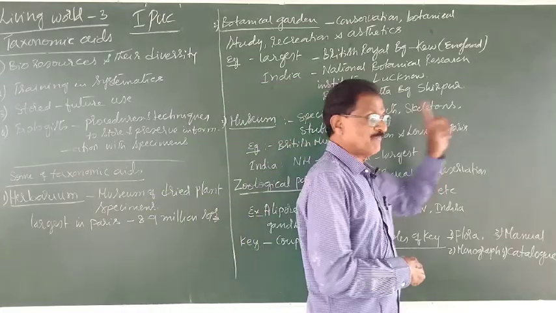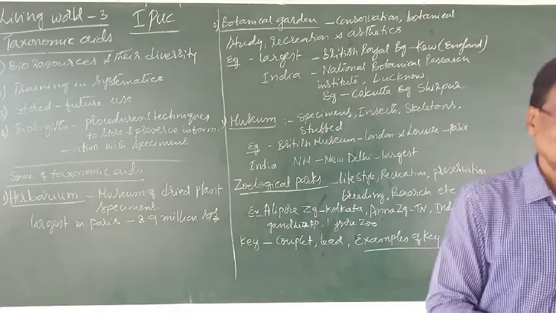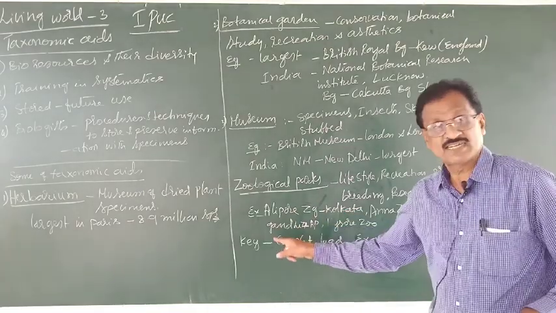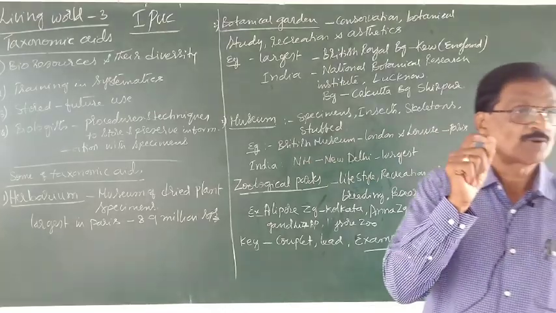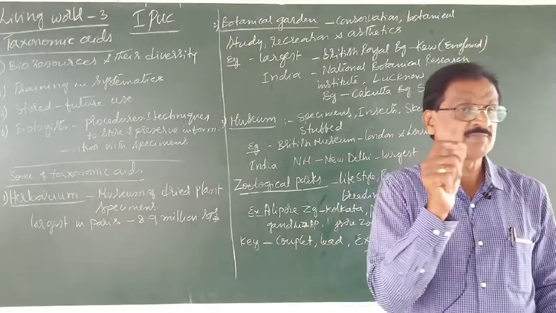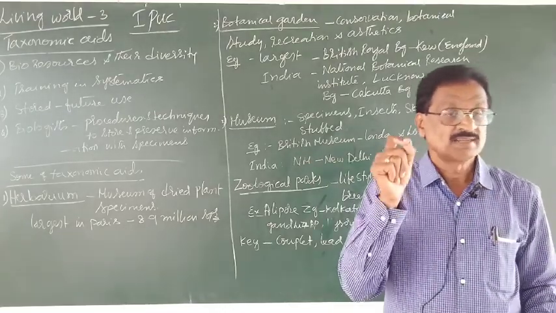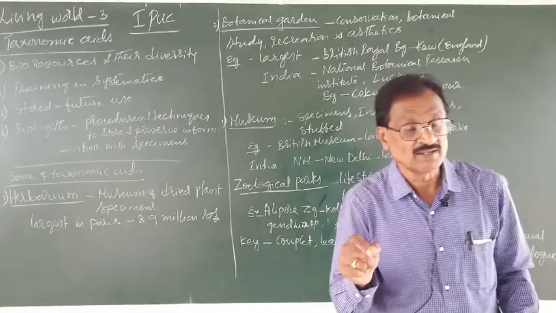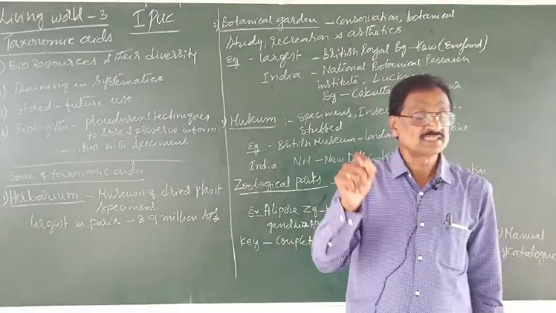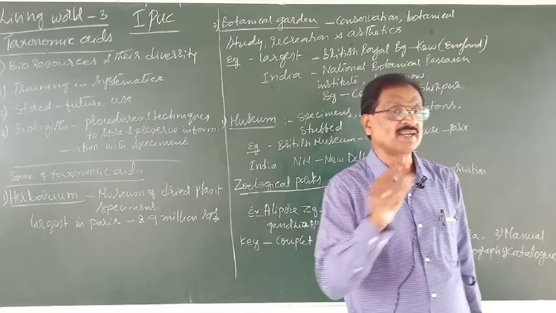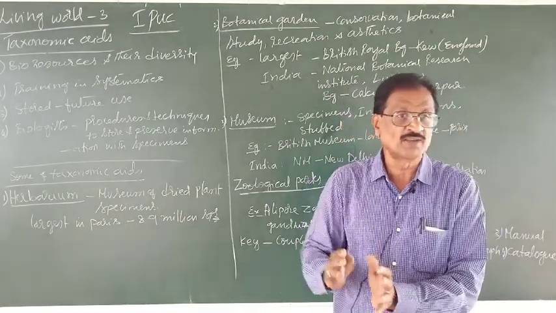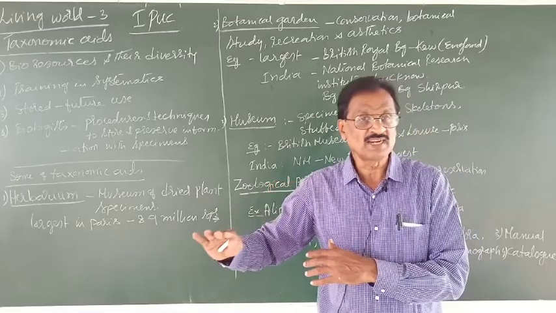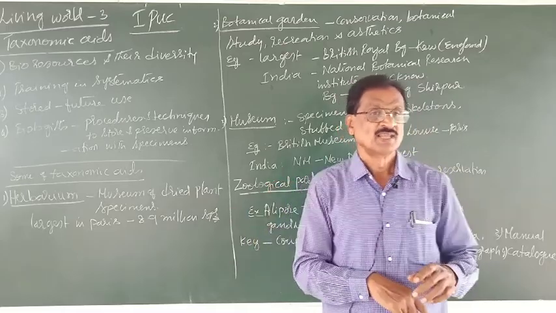Now, the examples of key. As I said earlier, what is key? Key provides us the information regarding the plant or animal after studying their similarities and dissimilarities, which help us to group them in a specified category.